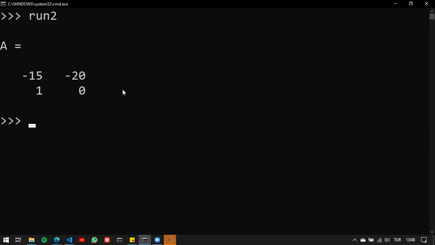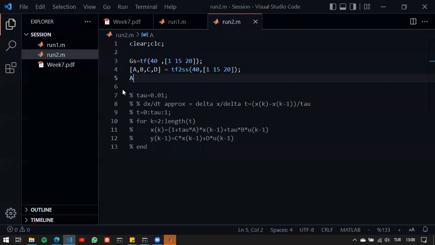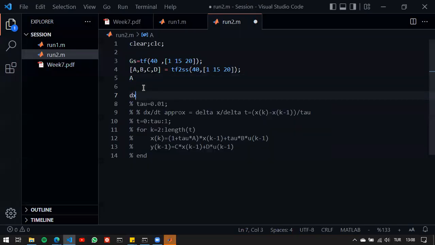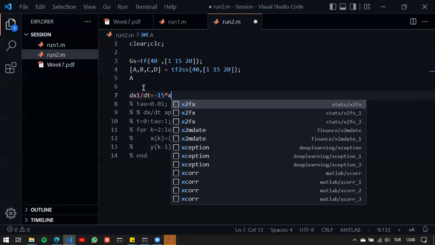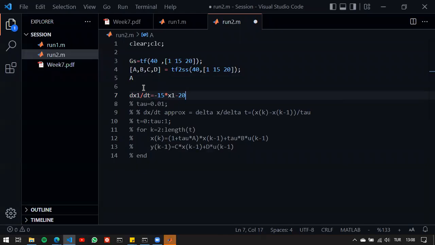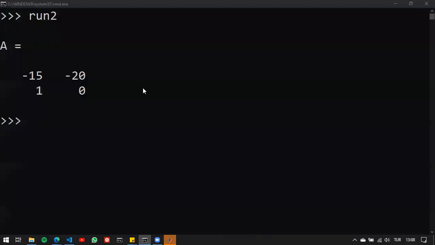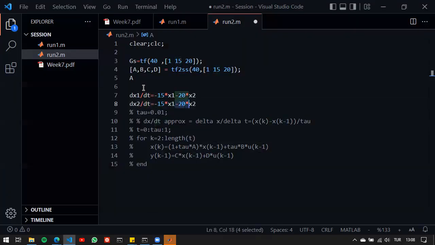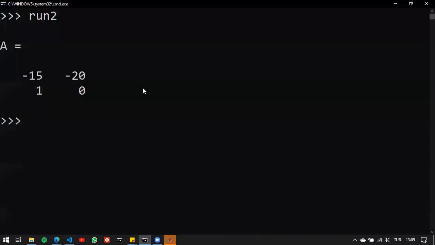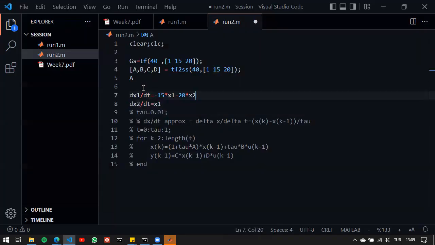Now this is a 2x2 matrix, which means that we have two state variables here, x1 and x2, and therefore we have the derivative of x1 divided by dt equals, let me use it, minus 15 times x1 and minus 20 x2. So this is basically the first equation, and then we'll have the second equation, which is just x1, and then of course we will have b, which gives us the following here.